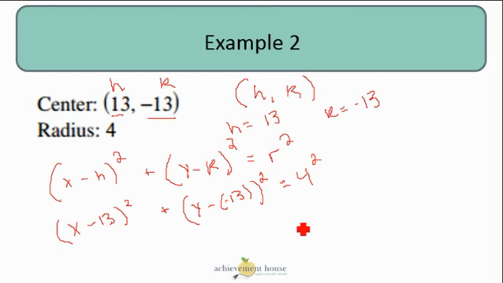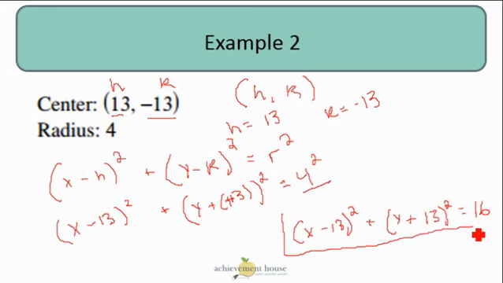If I simplify that a little bit, I get x minus 13 squared plus y, minus a negative is really adding the opposite, so we're adding a positive, plus 13 squared equals 4 squared, which is 16. So there's the equation for the circle that has a center at 13, negative 13, and a radius of 4.